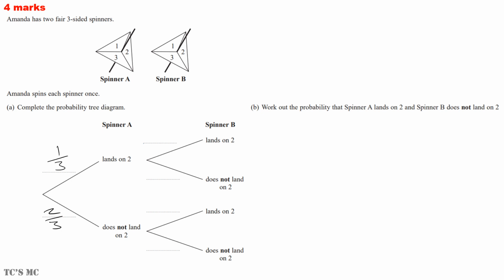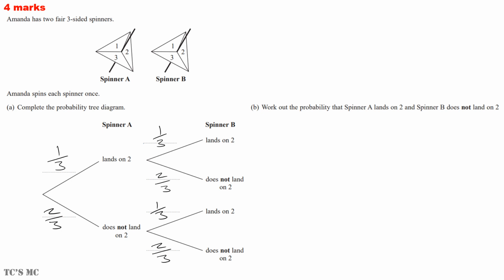If we look at spinner B, it is the same, so it landing on 2 is 1 over 3. Not landing on 2 is 2 over 3. This last set of branches is still for spinner B, and it's still 1 over 3 for landing on 2, and 2 over 3 for not landing on 2. And now we have 2 marks.